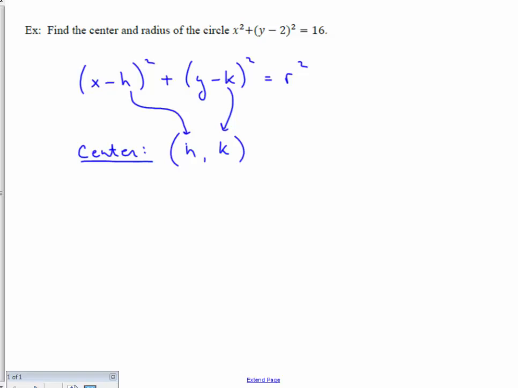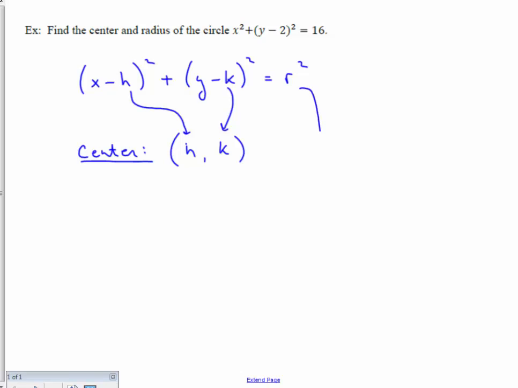We notice that we change the signs on the h and the k both. In the formula, there's a negative in front of the h. When we pull the h out to use it as the center, you notice the sign changes to positive. But what I always tell my students is, always take the opposite signs of both h and k when you put them in the center.